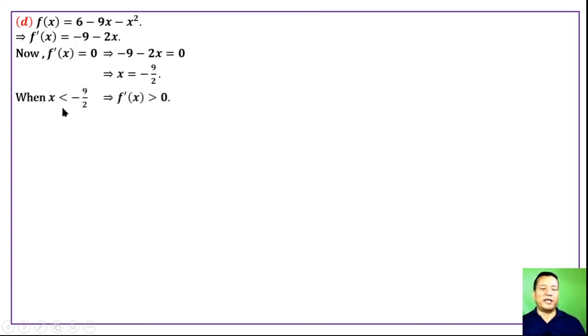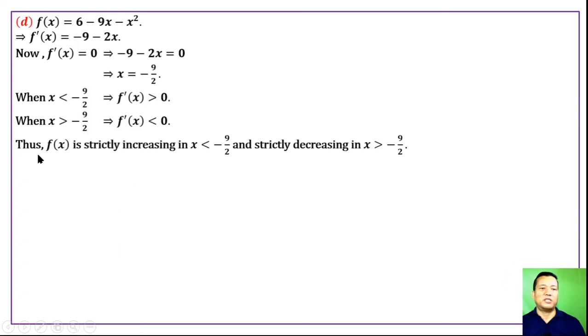When x is less than minus 9 by 2, the sign of f dash x is always positive. When x is greater than minus 9 by 2, the sign of f dash x is negative. Thus, f of x is strictly increasing in x less than minus 9 by 2 and strictly decreasing in x greater than minus 9 by 2.